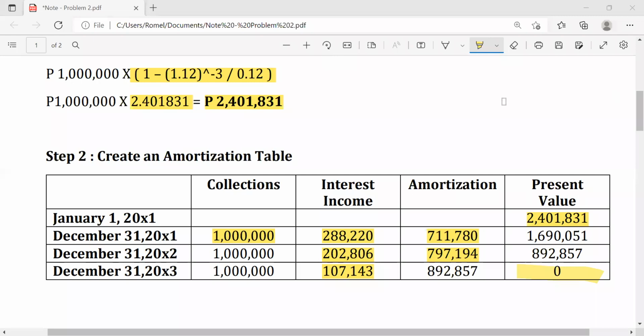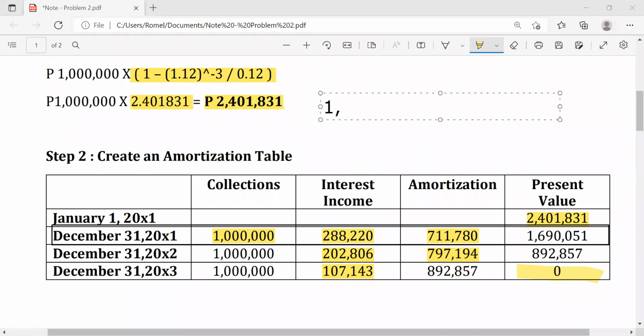Another concern. Let's try to look here sa December 31, 20x1. As of December 31, 20x1, how much is the present value? The present value is 1,690,051.